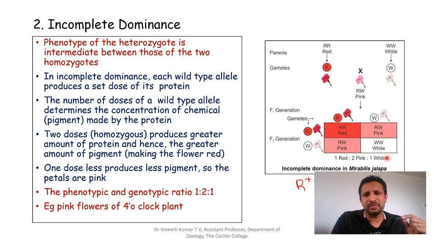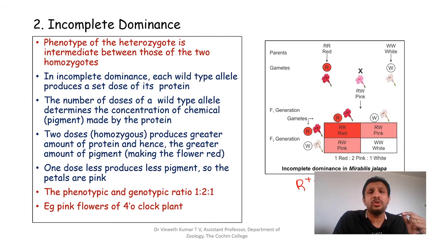So an example of this is the four o'clock plant, which you see here. What you have to remember is to take this as your representation when you write incomplete dominance. So that's all with incomplete dominance. In incomplete dominance, there is no complete dominance as said by Mendelian dominance.